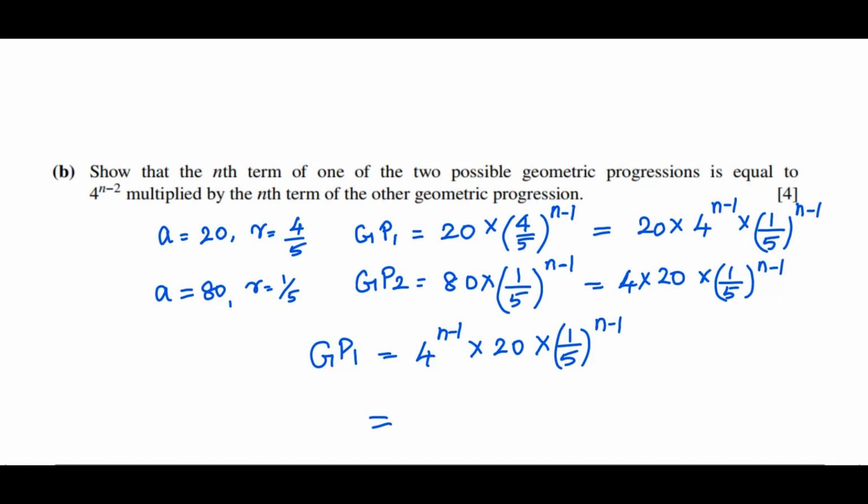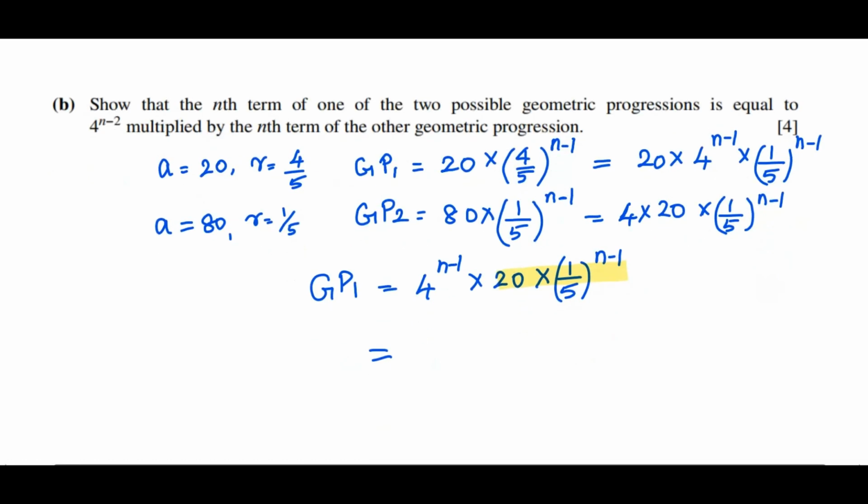Now for this term, let us substitute the value in terms of geometric progression 2. Gp2 divided by 4 will be equal to this value. So 4 power n minus 1 multiplied by Gp2 divided by 4.